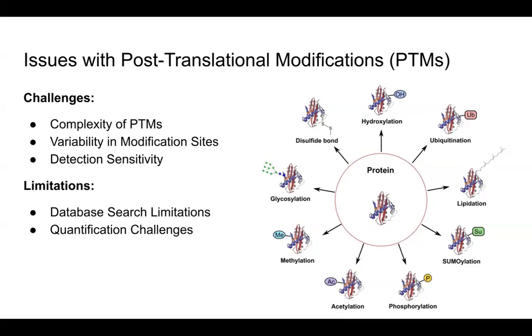So if a PTM is not specified in the search parameters, it may go undetected. And then quantifying modified peptides accurately can be challenging due to differences in ionization efficiency compared to their unmodified counterparts, potentially leading to biased results.